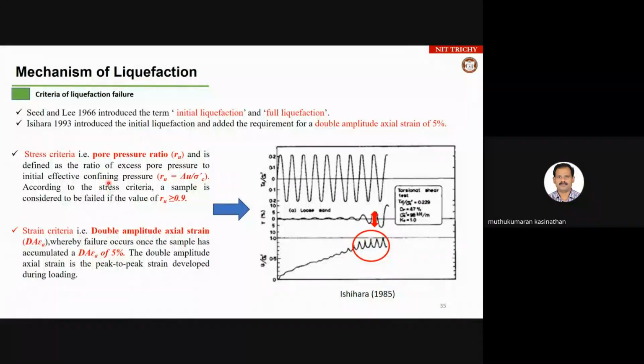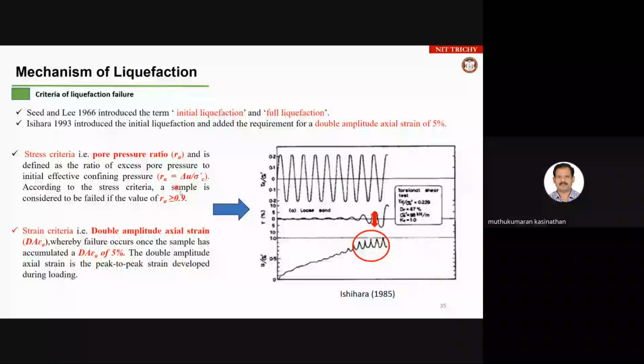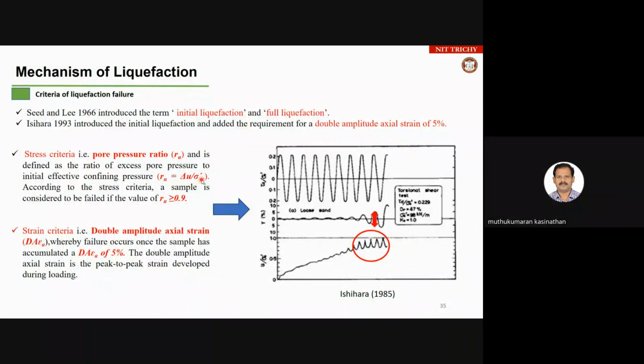The stress criterion says that the pore water pressure ratio is defined as the excess pore pressure developed during the earthquake to the initial confining pressure, that is, sigma 3 or sigma c. If this ratio reaches more than 0.9, then you will have a chance for liquefaction. Coming to the strain criterion, when the double amplitude axial strain is more than 5%, then you have a risk for liquefaction.